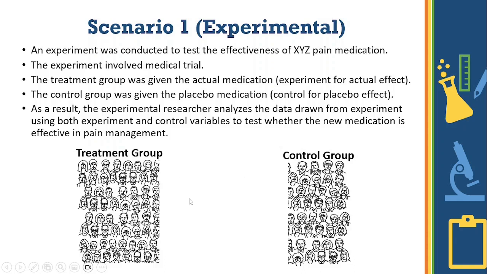And if the treatment group reported a very low pain score on their survey, and the control group reports a higher score, or any score that's different from the treatment group, then the experimenter can claim that the pain medication is significantly effective as opposed to the control medication or placebo medication.